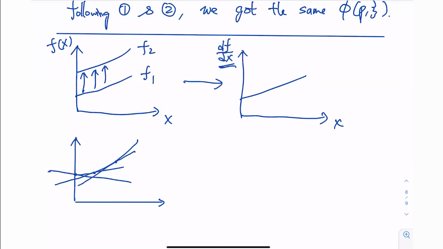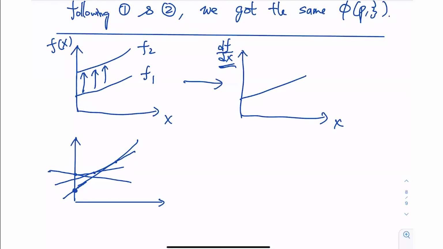Then you are able to uniquely determine the original curve. The reason is that now, in addition to the slope of your tangent, you also specify the intersection of this tangent with your coordinate system.